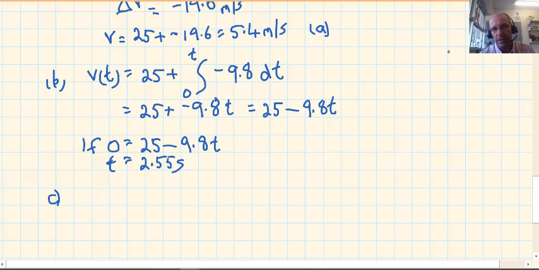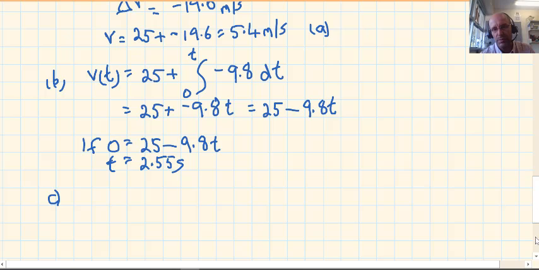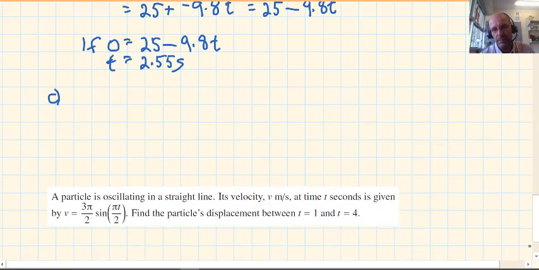Now for the last part, we've got to find the position of the object after 3 seconds. So the position, we've got to find the displacement first, so how much it's changed its position, and we do that by integrating again.